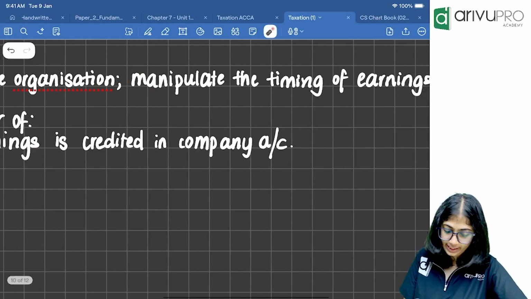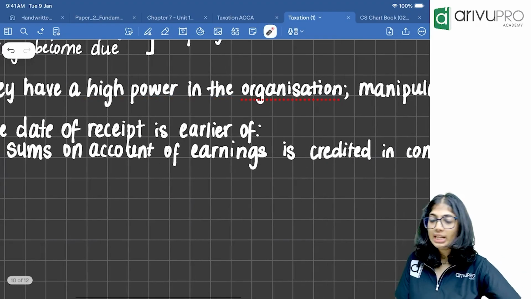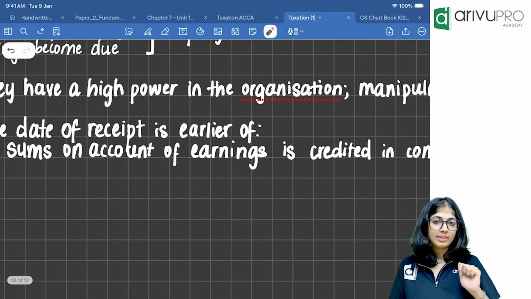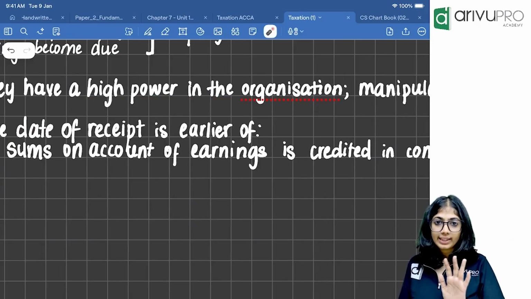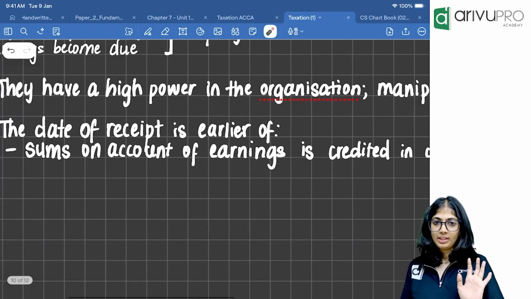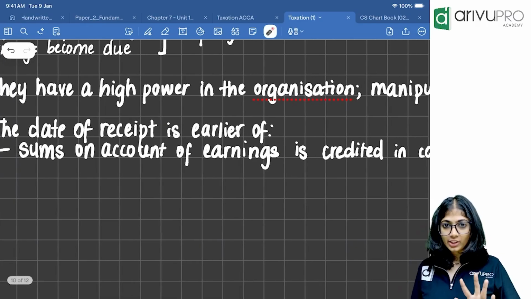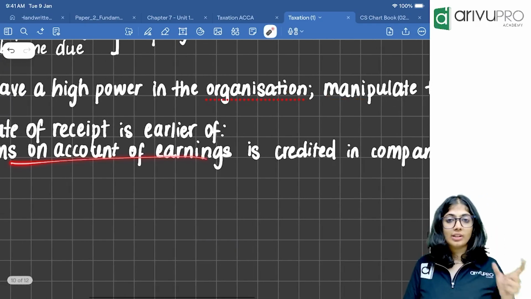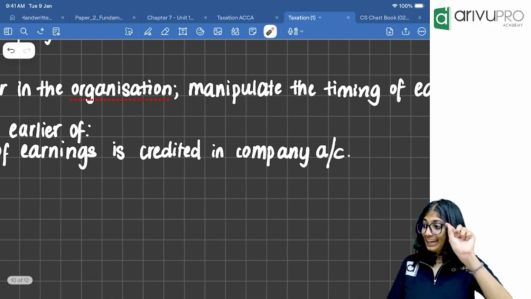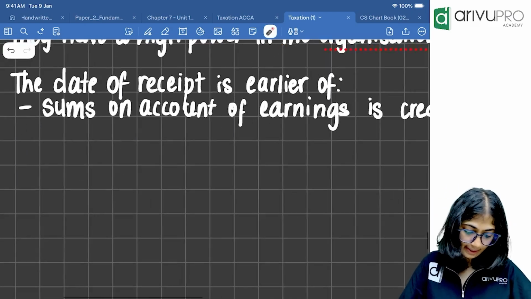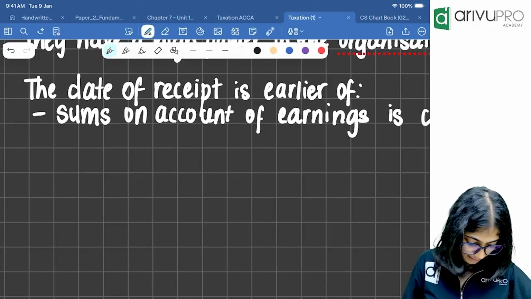Sums on account of earnings is credited in the company account, where in the company's books, whether Microsoft Excel or Tally or QuickBooks, whatever they're using, in the company's ledger and journal entries, the amount is credited in the company's account.